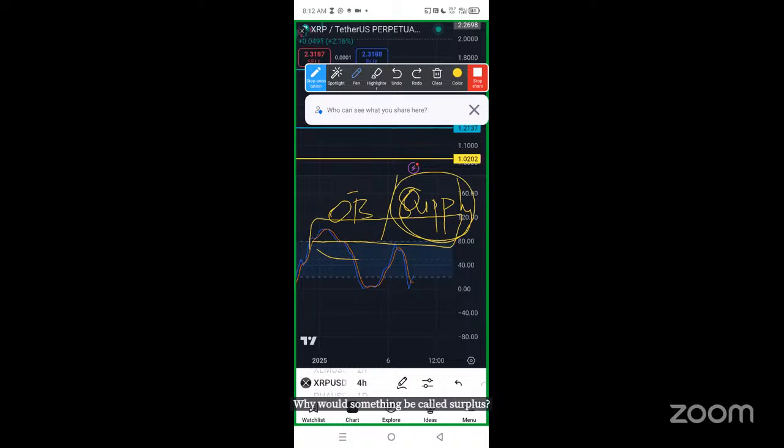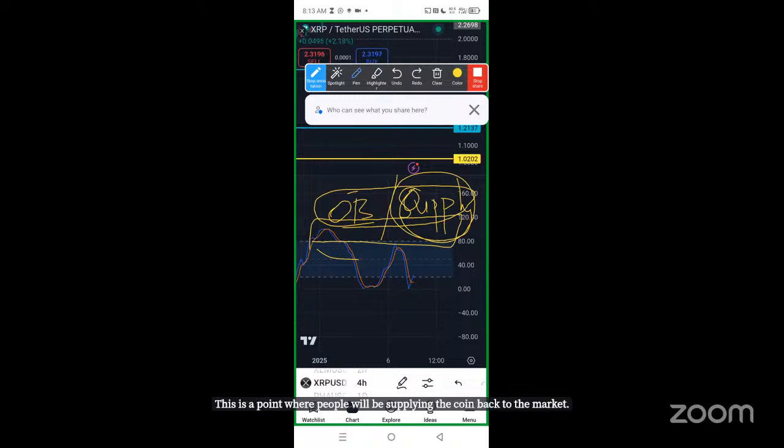So here, the area above the 80% band is called the overbought or the supply zone. Supply zone. This is a point where people will be supplying the coin back to the market.